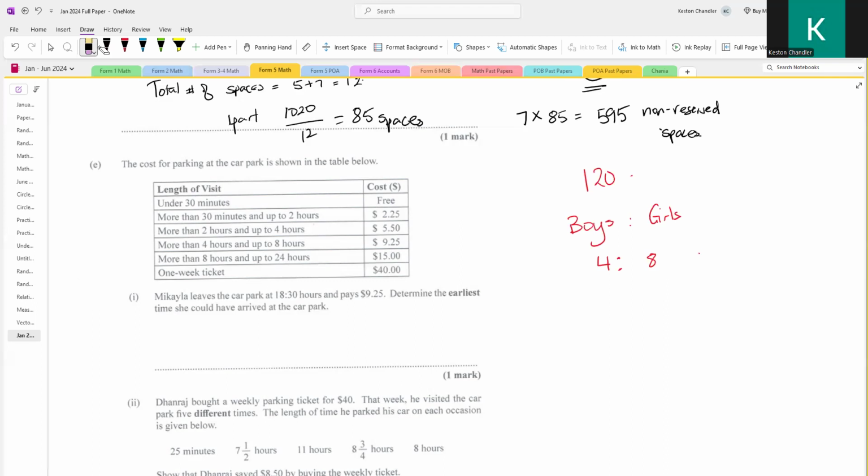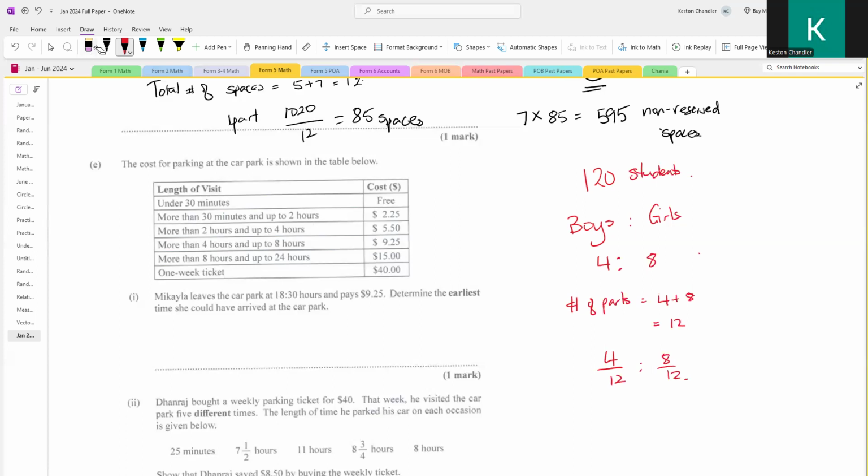So the total number of parts is 4 plus 8, which is 12. So we can write this as 4 twelfths and 8 twelfths. The boys is 4 out of 12, which is all the students in the class, and the girls is 8 out of 12.